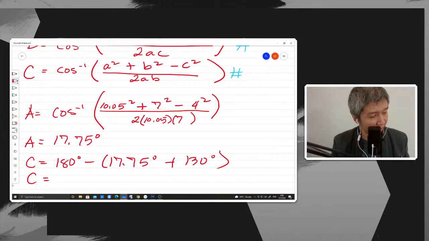Syria, what is the answer? For angle, okay, 32.25 degrees.